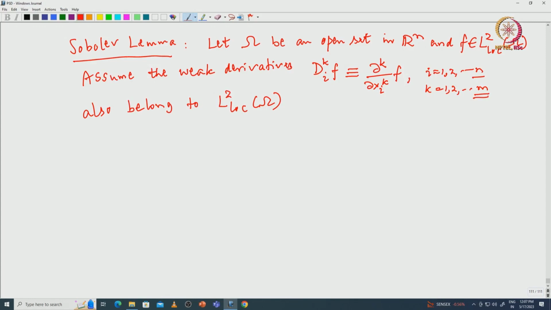We are not even using the mixed derivatives, so I would not even call this H^m of omega. Certainly it is applicable to functions in H^m of omega, there is no doubt about that, but here the hypotheses are very weak.